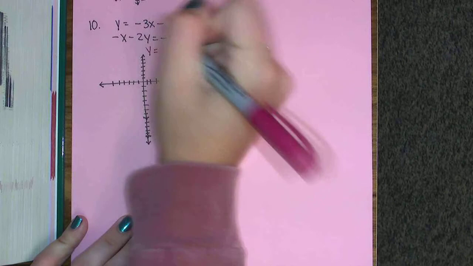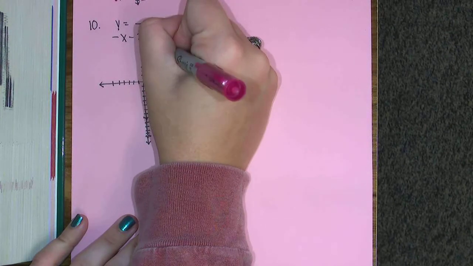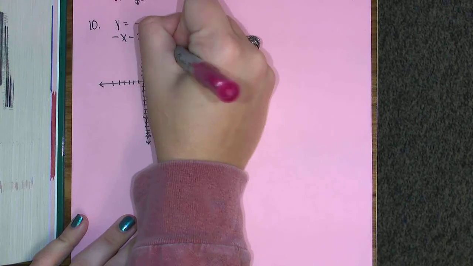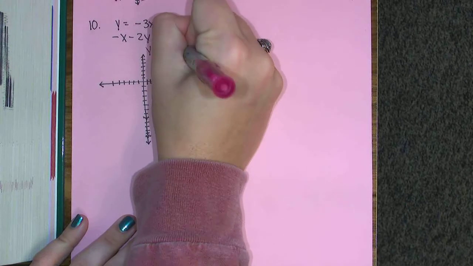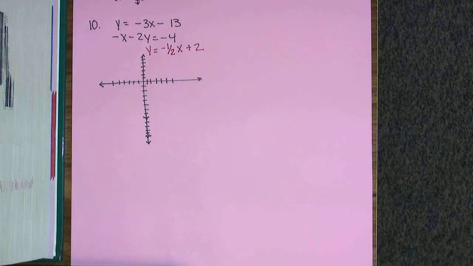So y is going to be equal to, let's see, negative 1/2 x plus 2. Okay, so I'm just going to cross that equation out.